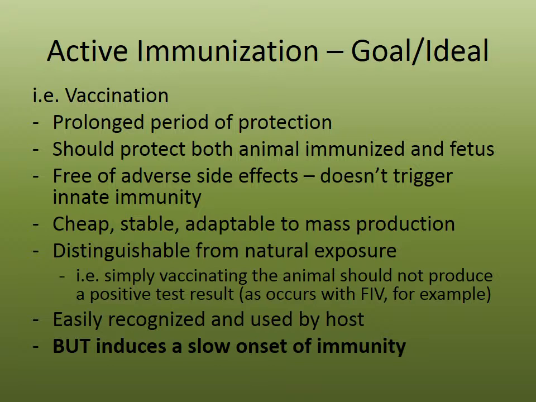What does that mean? The host's body should recognize very quickly that this is something it needs to mount a defense against and start doing that efficiently. But the one thing about vaccination that's never going to change, active immunization that is, is that it induces a slow onset of immunity. So if we need that really rapid onset, like with those Ebola cases, we have to go passive.